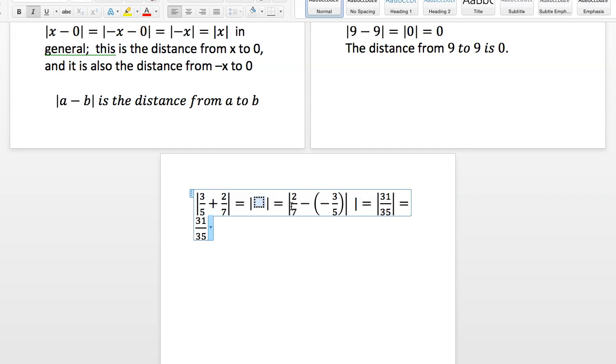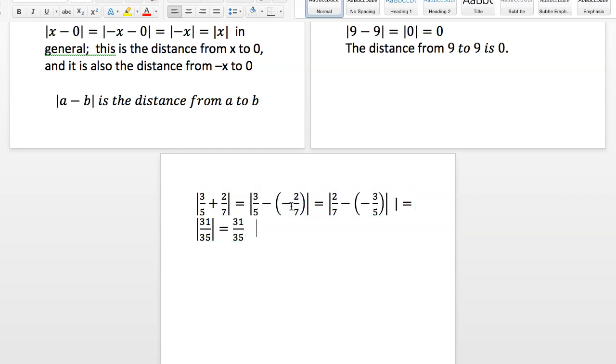I may have to use bad table manners because it's not being friendly. So it's 3/5 minus a negative 2/7, and it's been mean as a snake. I think I'll have to keep these little bars without fonting them out. There we go. Okay, absolute value bar here, absolute value bar here.